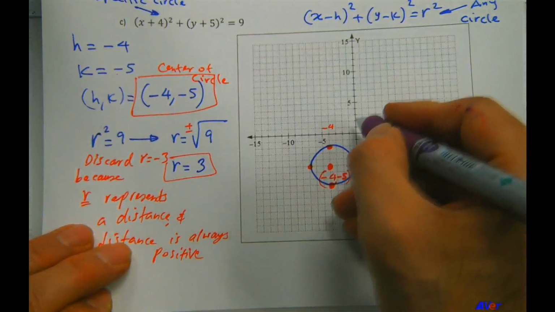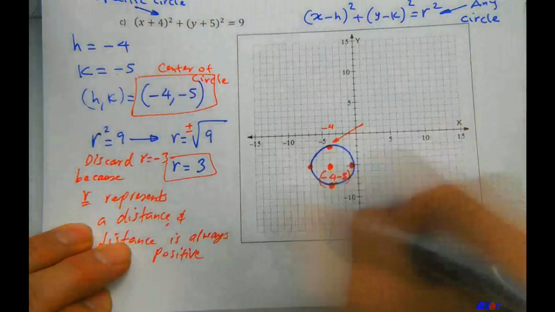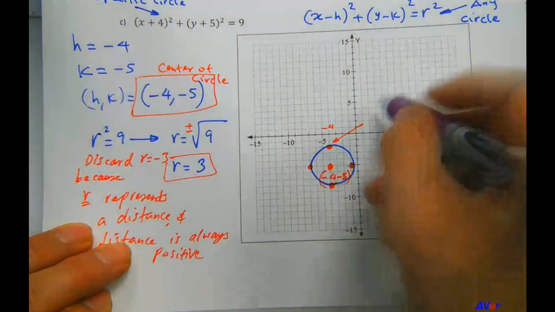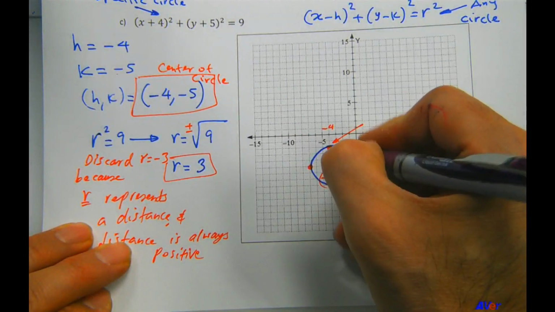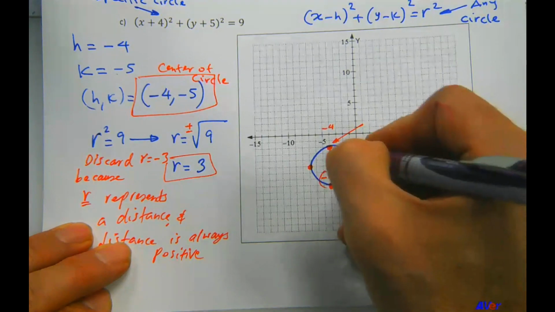So let me label these points just to make sure that you can track what I've done here. So radius is 3, right? So that radius r is equal to 3.